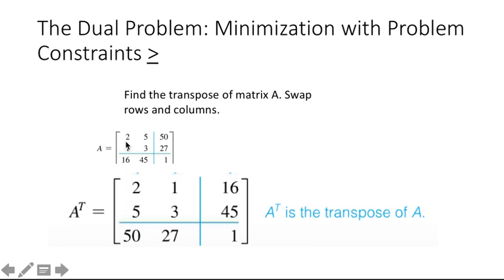We took this row, 2, 5, 50, and it becomes the first column of our transpose matrix. Take a look at this: each row became a column. And this A transpose is the transpose of matrix A.